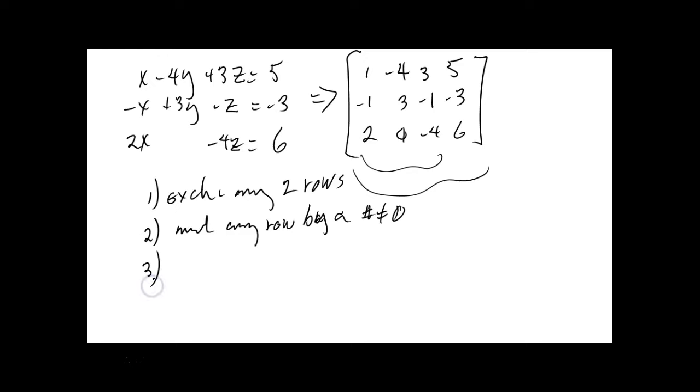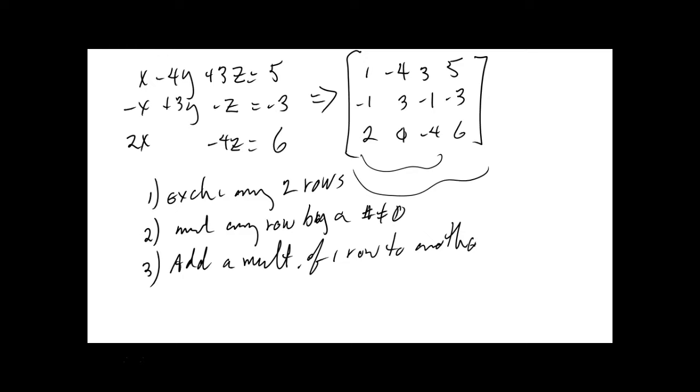And number 3, add a multiple of one row to another. Basically exactly like we said before, except everywhere before we said equation, now we're saying rows. Same thing, same rules. Those are our elementary row operations.